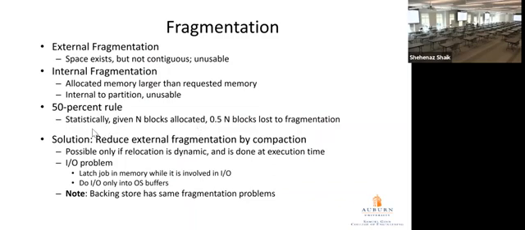It has been observed over a period of time that if we have, let's say, some 66% of memory allocated to processes, then about 33%, or about a third of physical memory, is usually lost to the internal or external fragmentation with the approaches that we have seen. So fragmentation is in fact a real problem, and it needs to be addressed.